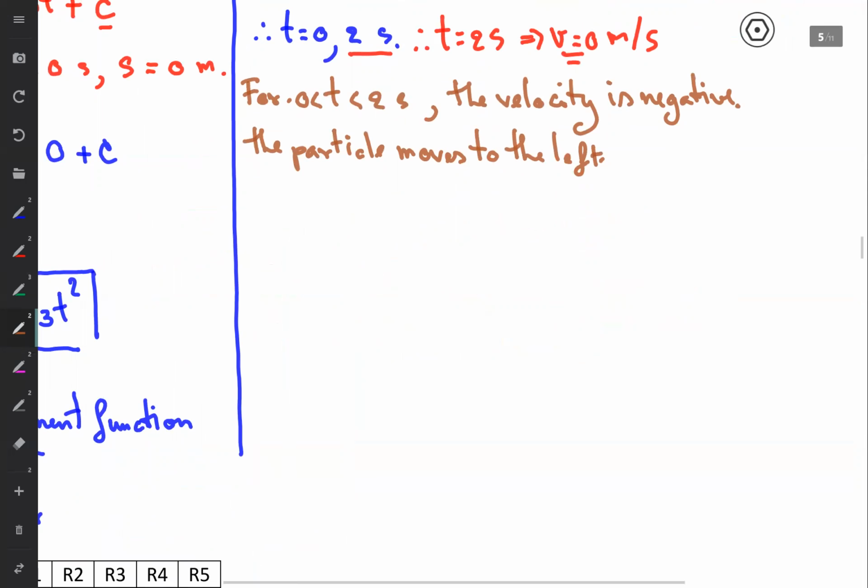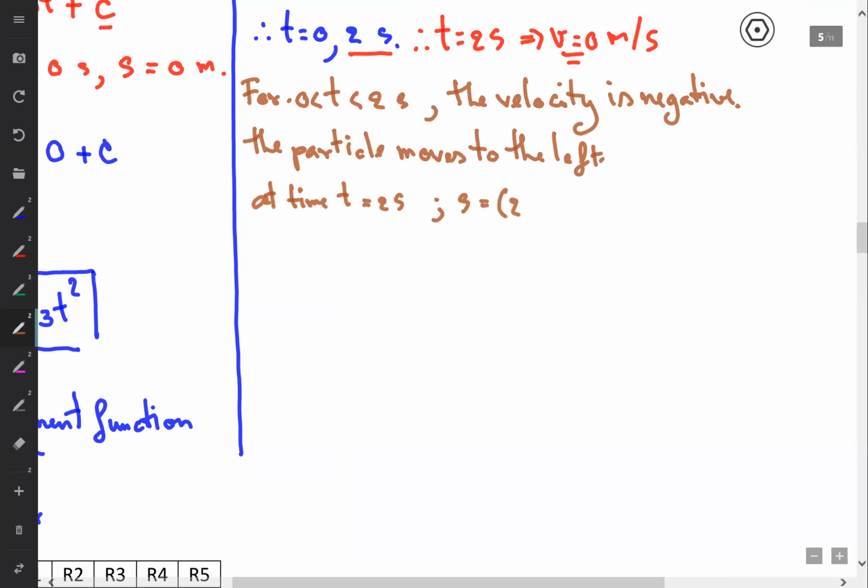Okay, so we will see what happened at time t equal to 2 seconds. Substitute the time into the displacement function. We get S is equal to t cubed minus 3 times 2 squared, and then we get minus 4 meters.